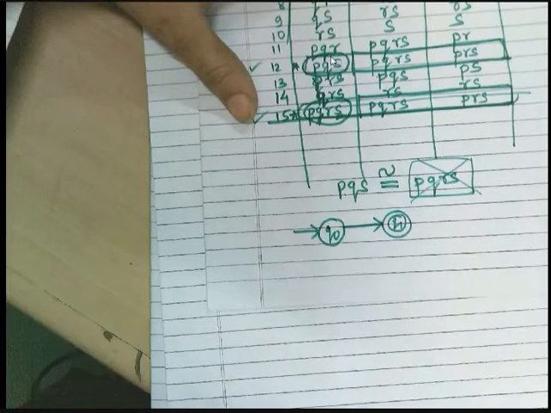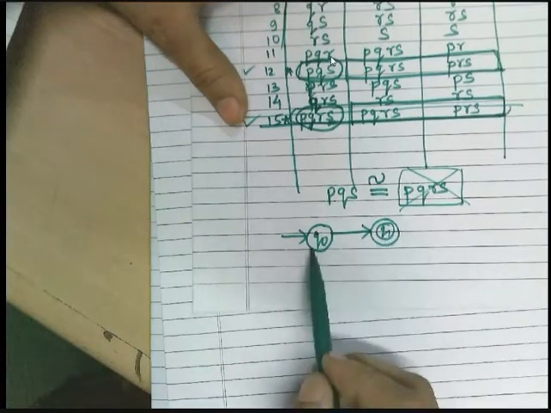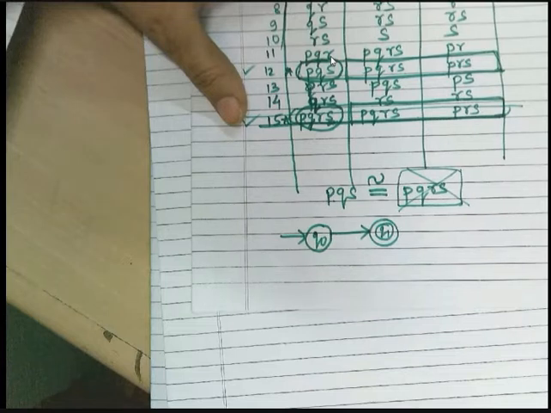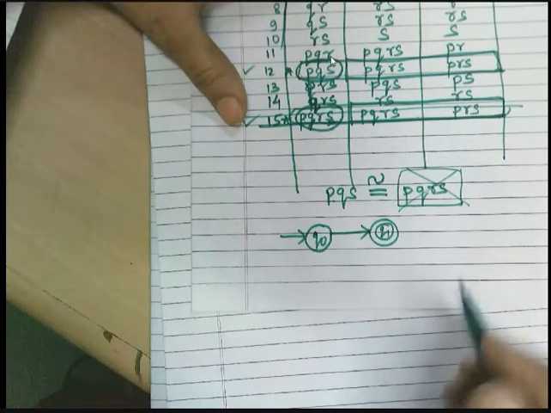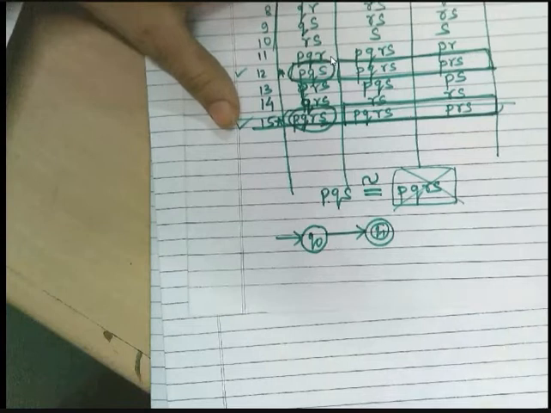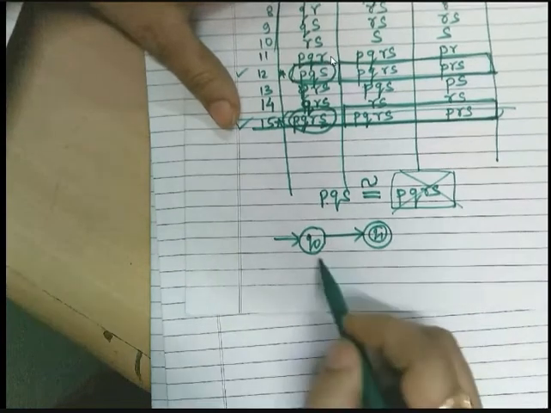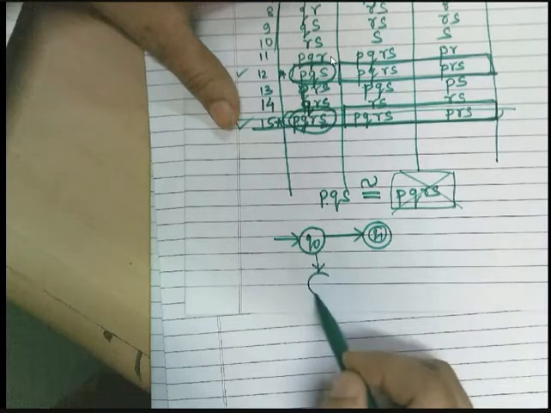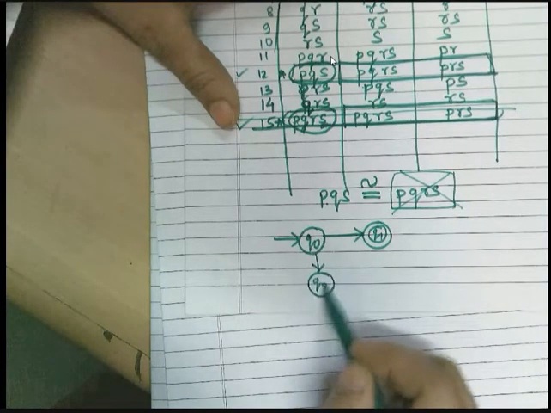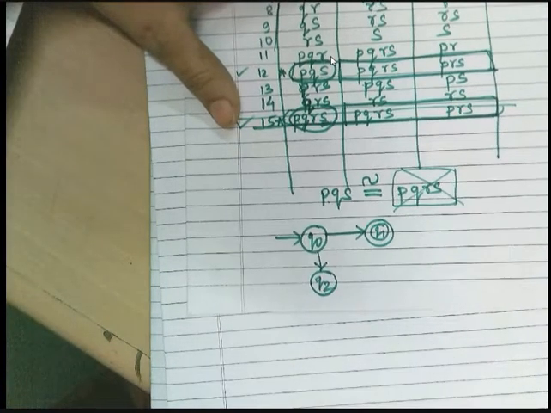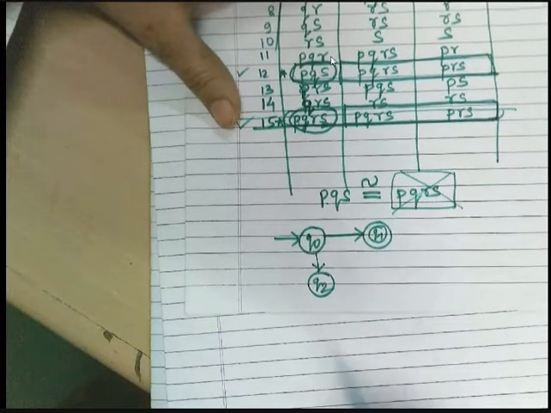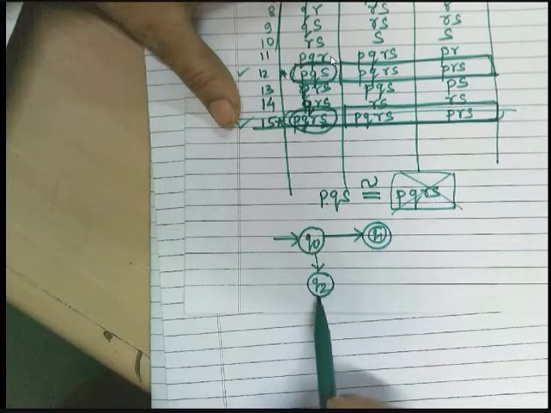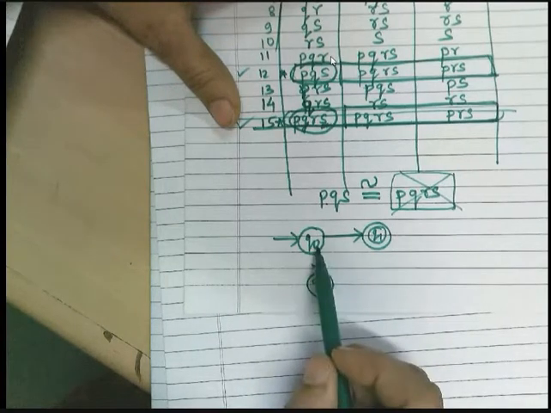So I can say that Q1 is reachable from Q0, which is the initial state. Now suppose I am having another state, for example, Q2 here. Now I can say that Q2 is not reachable to Q1 from Q0, but Q2 is reachable from the initial state.